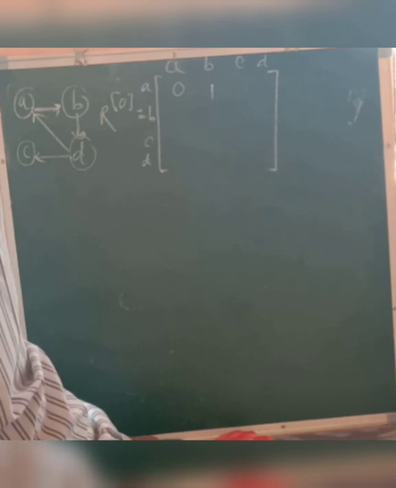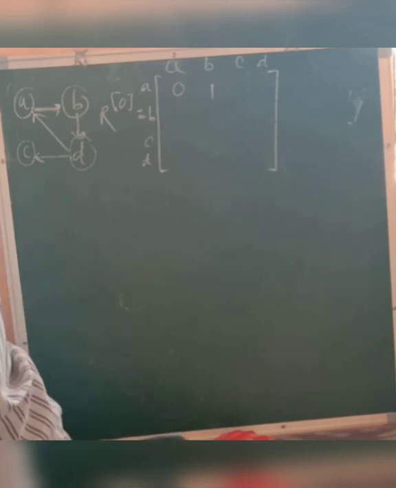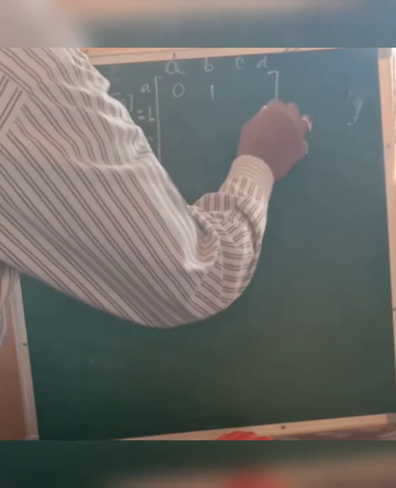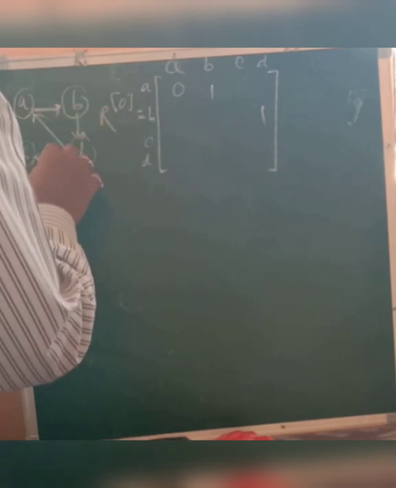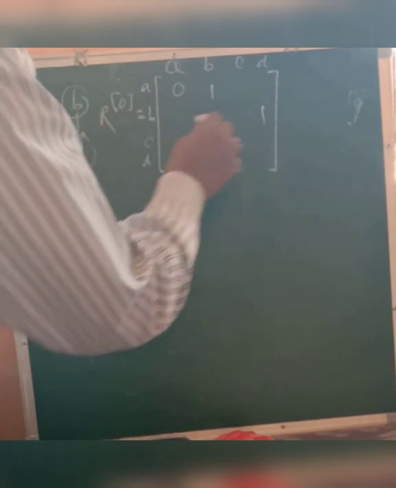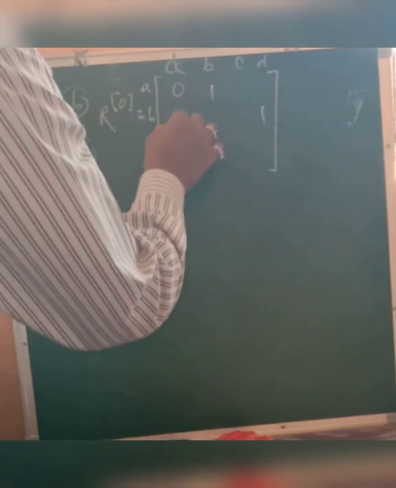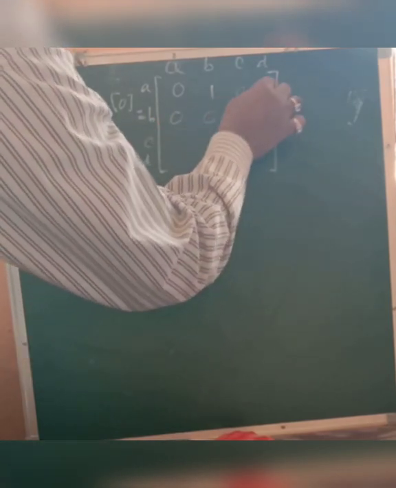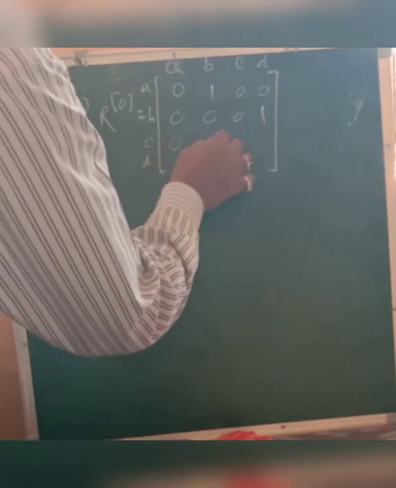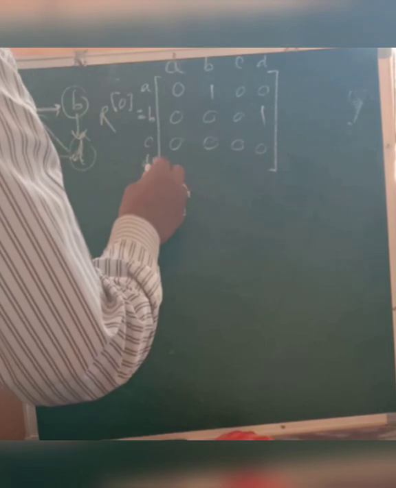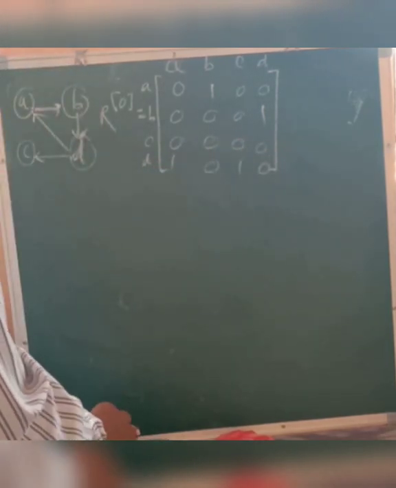And I also get B to C, and B to D, so I'll put 0, 0, 0, 0, 0. Next, C is not there, so 0, 0, as we have seen in the last one. So 1, 0, 1, 0. This is the recurrence number 0.